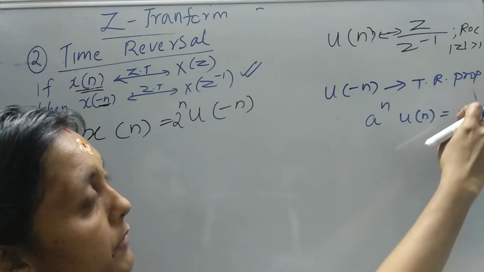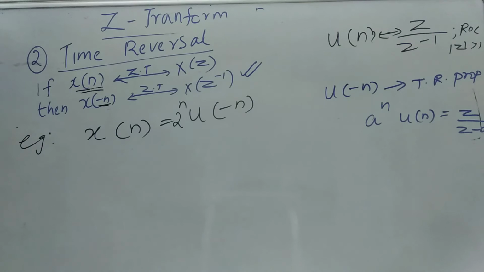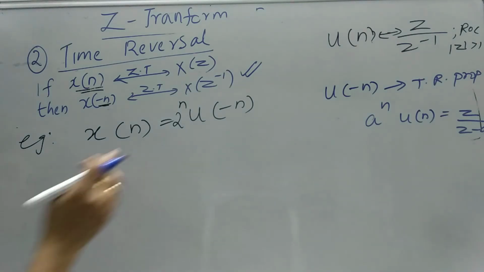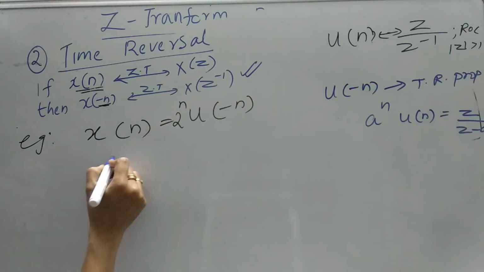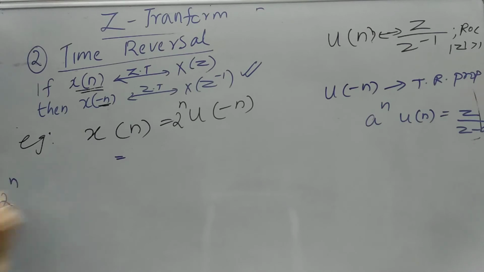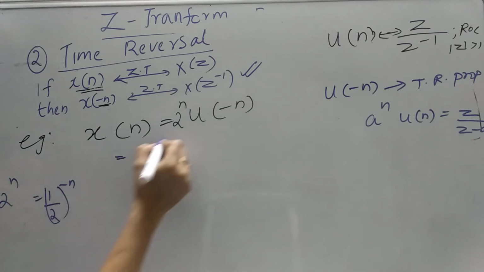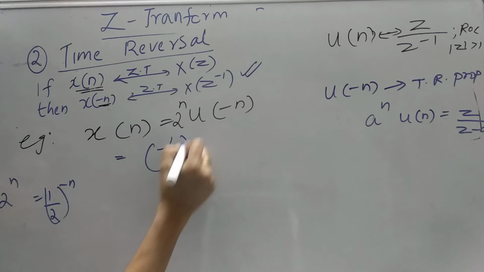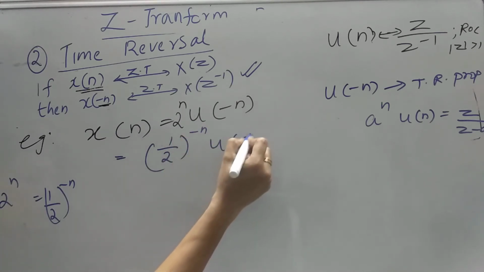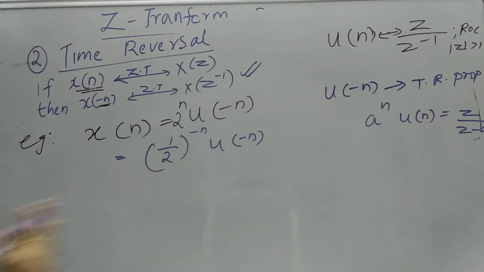When you simplify, you get z by z minus a. Now we want to convert this also into negative powers. So 2 raised to n we can write as 1 by 2 raised to minus n. So you can write 1 by 2 raised to minus n u of minus n.